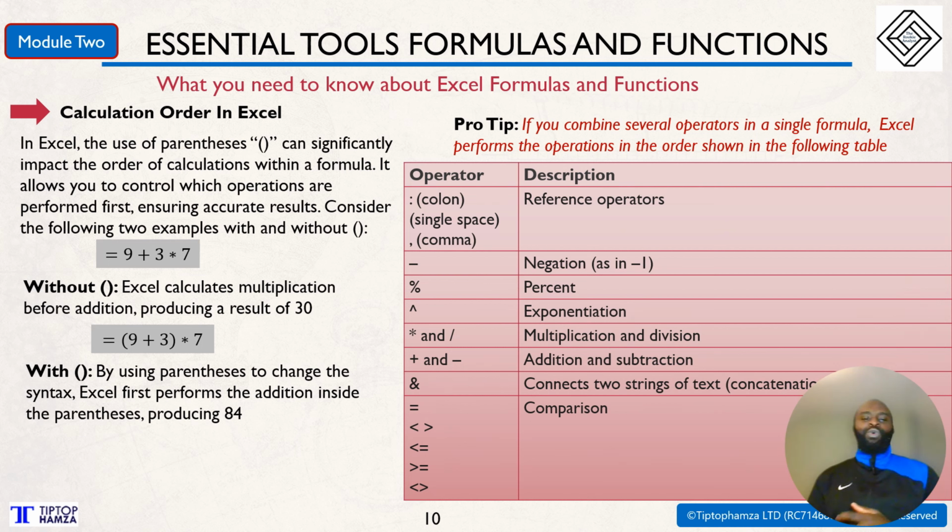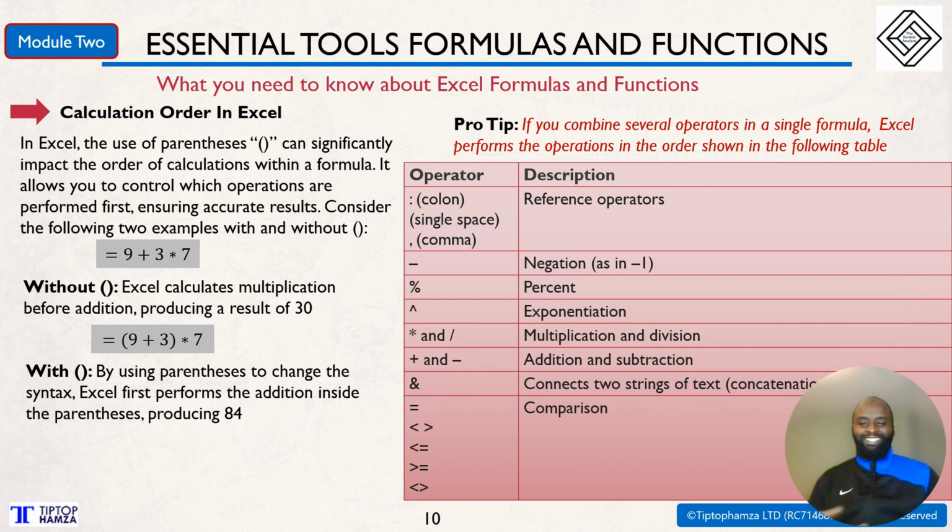Next thing you need to know, or you probably ask, you're already thinking aloud when I mentioned in the previous concept the order of arrangement in Excel. You'd be like, okay, is there supposed to be an order for Excel to arrange a formula for it to function well?